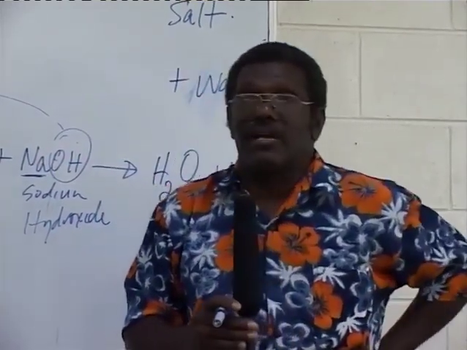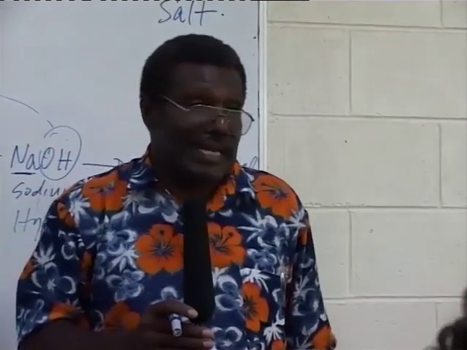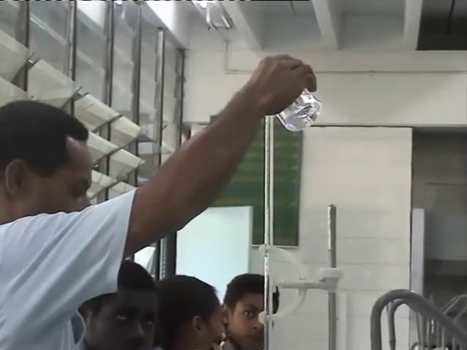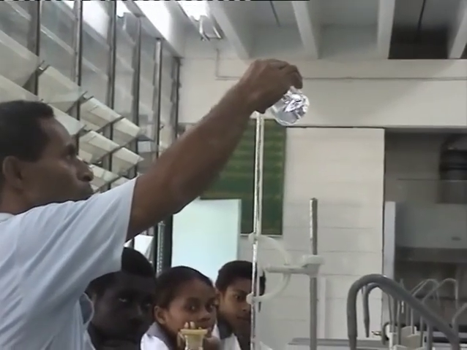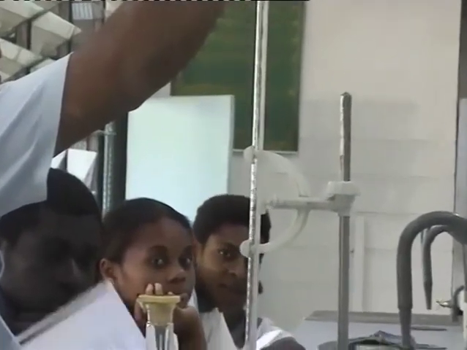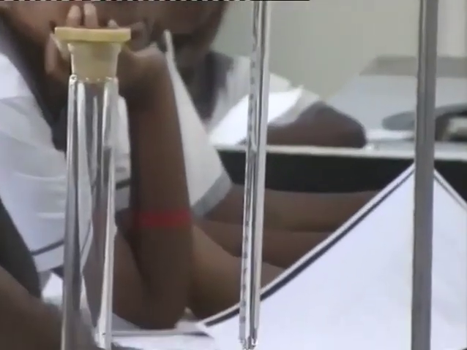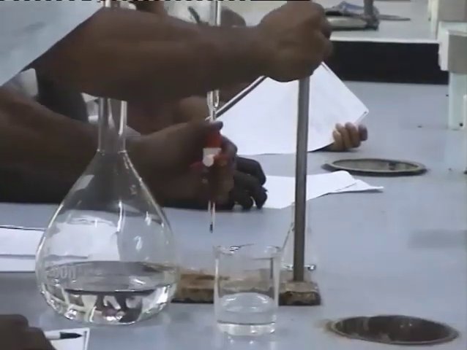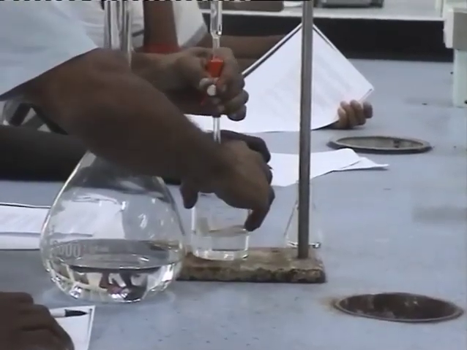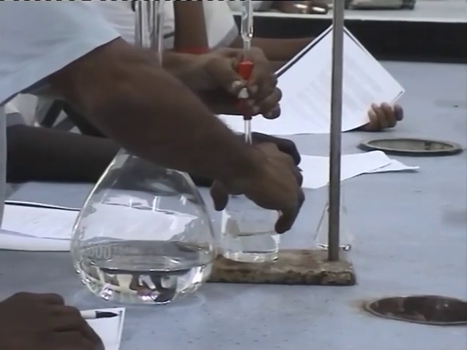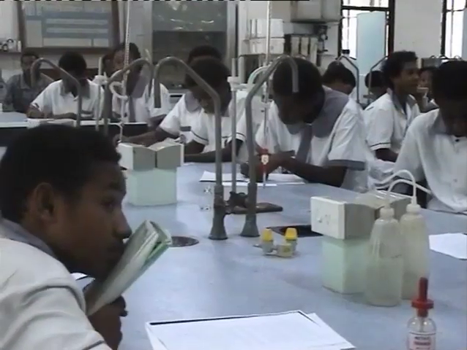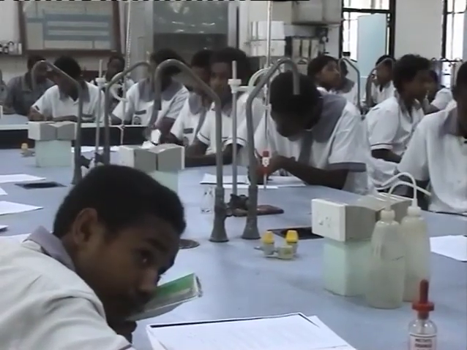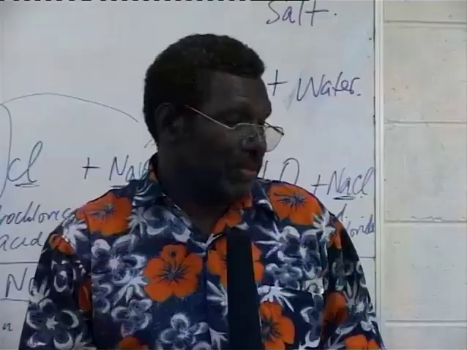Please get yourself close now so that you can see what is happening. Okay, thank you. You should now cluster around the demo or the experiment set that has been put in front of you.